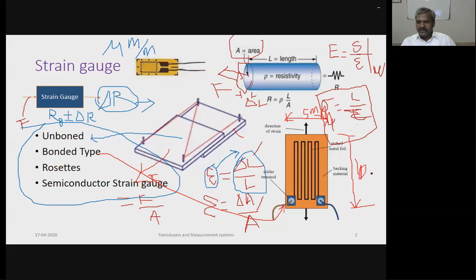The thickness is like 1 mm, or maximum 2 mm.